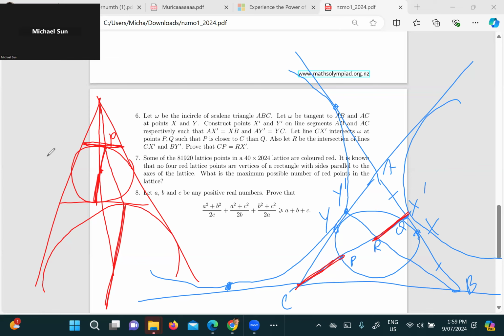Could you reflect X on the center? Reflect X about the incenter to P. Like a midpoint thing. Yeah. Wait, how do you do midpoints in Bary bash?